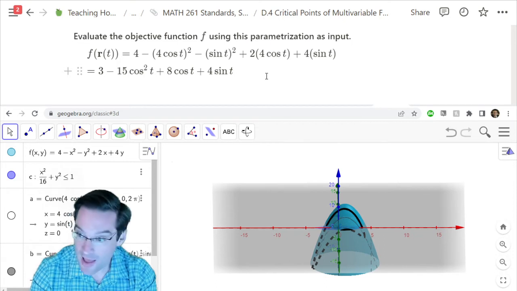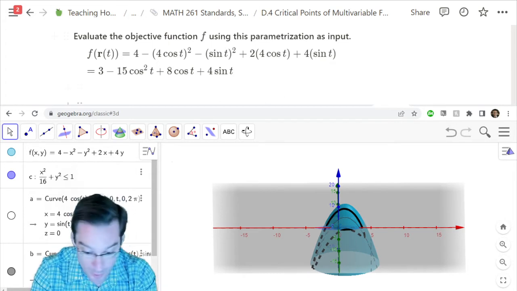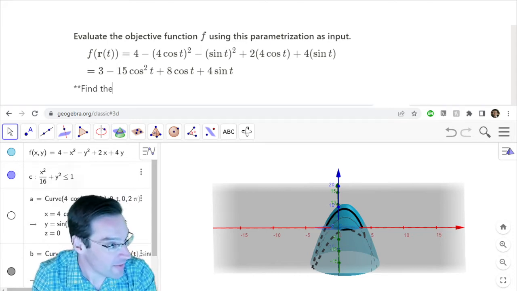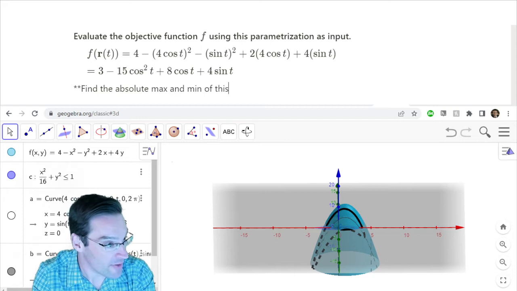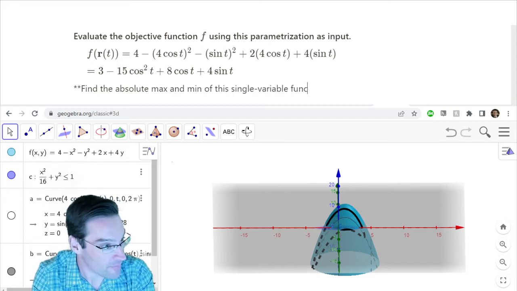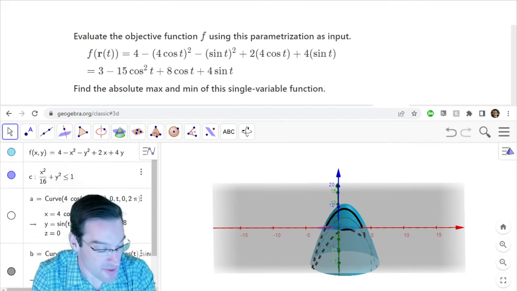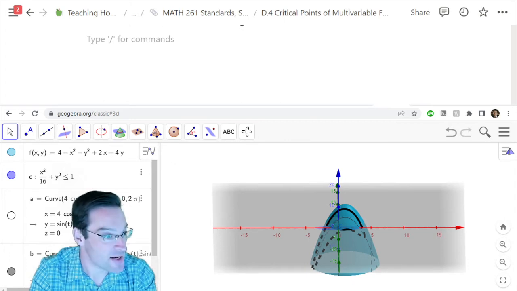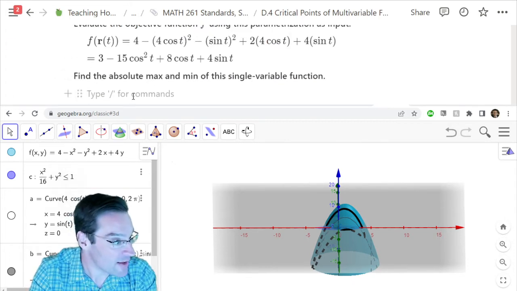And that is the z value of the points along my boundary curve inside 3 dimensions, all the z coordinates. So now that I have that expression, find the absolute max and min of this single variable function, just using ordinary single variable calculus optimization strategies. So I'm just going to take this f of r of t, this function, and find its critical points.